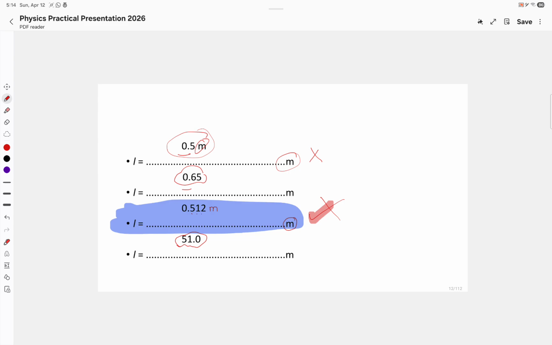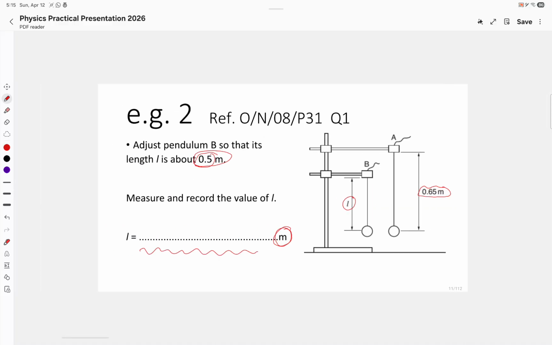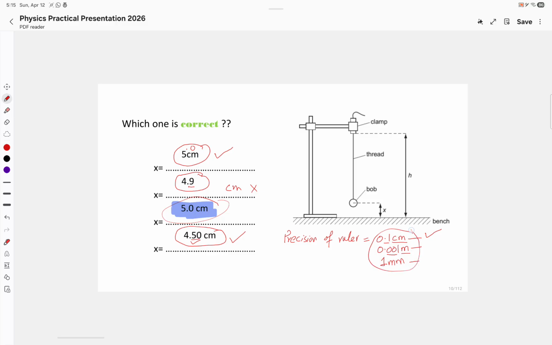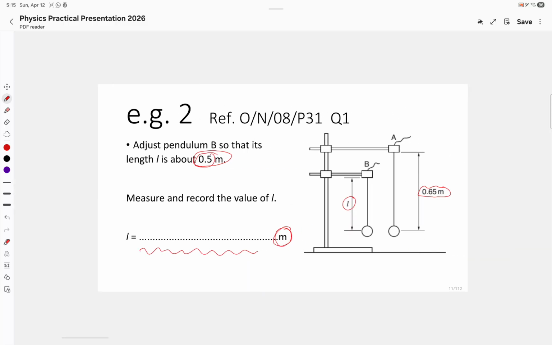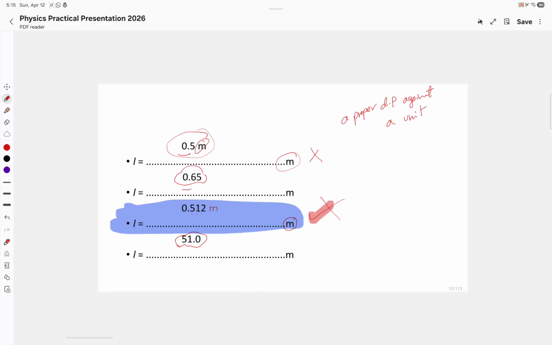We are only expecting two things, guys: a proper decimal place against a unit, or you can also say that the precision level must match the unit, and the precision level match is over here, you can see. All right. So this is all about the idea of dealing with heights, distances, and lengths.